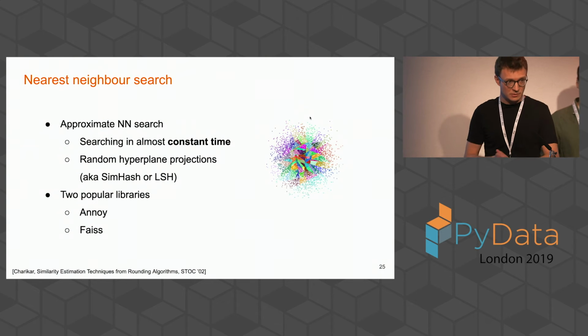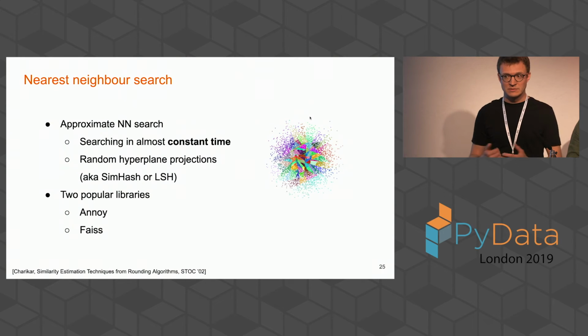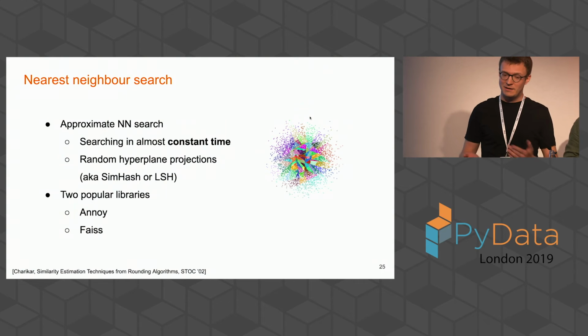There are many approximate nearest neighbor search algorithms. Most of them can retrieve those neighbors in almost constant time, very quickly. Probably the most popular is random hyperplane projection, also known as locality-sensitive hashing. The idea is just to split the search space with random hyperplanes to form hypercubes.